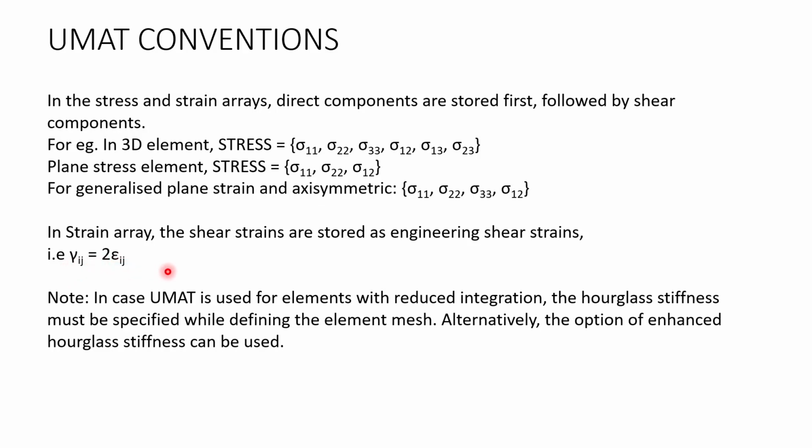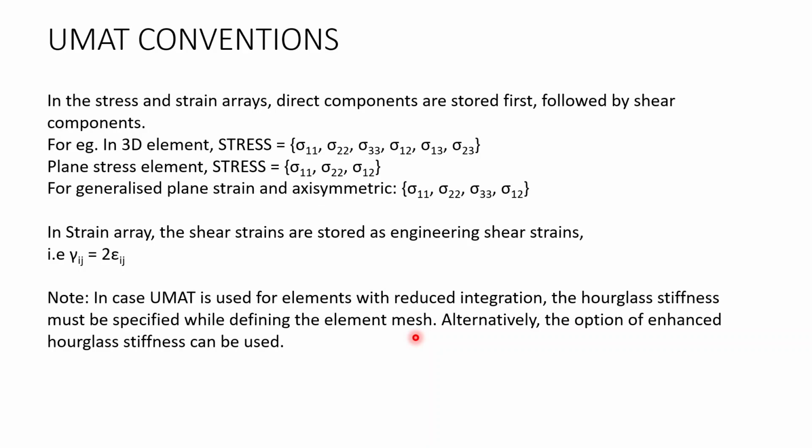Another note which is very important while dealing with UMAT is in case UMAT is used for elements with reduced integration. People who are aware about the integration in ABAQUS know there is an option called reduced integration while defining the element. When UMAT is used for such an element where reduced integration is selected, we need to define the hourglass stiffness by ourselves while defining the element mesh.